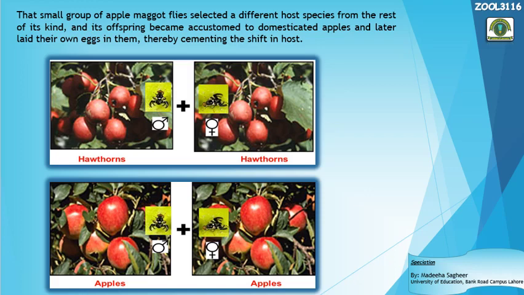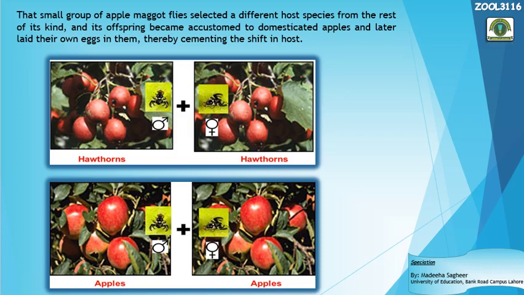They will not go back to the hawthorn berries. So with the passage of time, the maggot flies that have chosen the apple as their host will start their own population on the apple plant. They will not go back to the hawthorn berries.